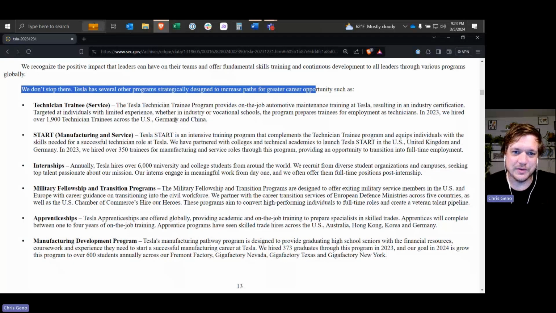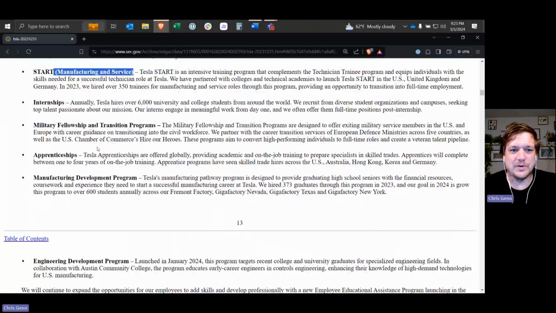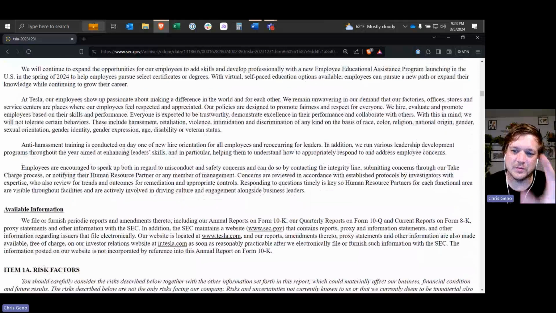So they have a whole entire program around training people, around technicians, around manufacturing and service, around military partnerships and apprenticeships. There's just so much detail about this business that's right here at the beginning of the 10K.